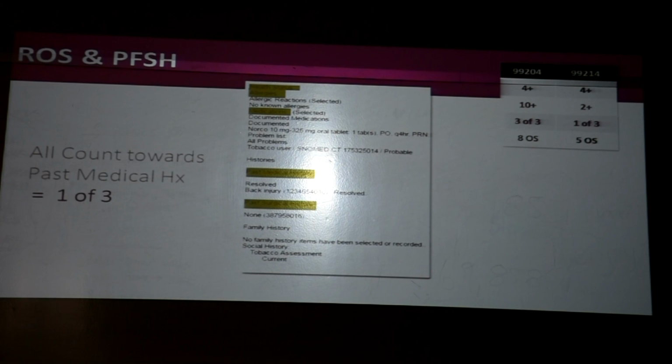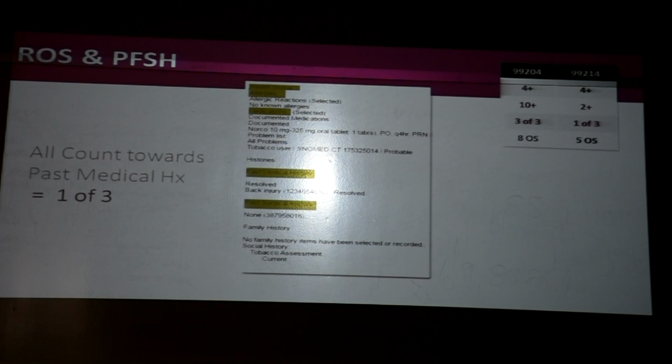The other thing I want to point out is something that we see with the past family social history. We can pull up a record and we can see that the health status is there, past medical history, past surgical history. Looks like that all counts. So there's 3 different things documented, but that all counts for your past medical history.